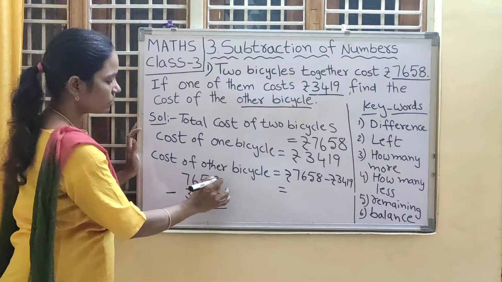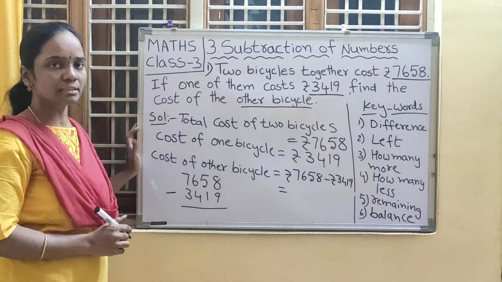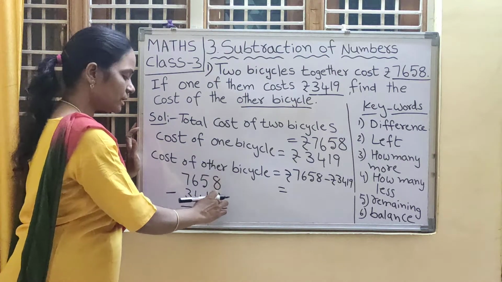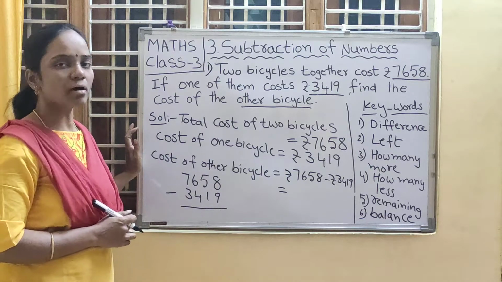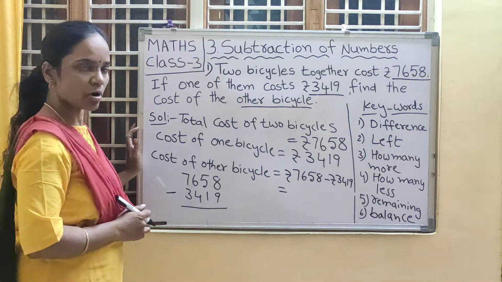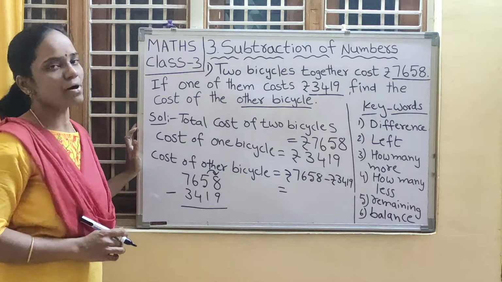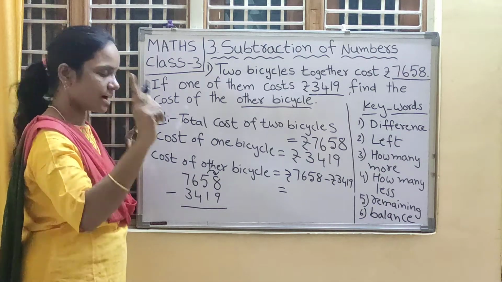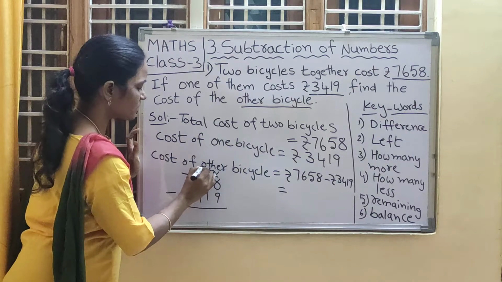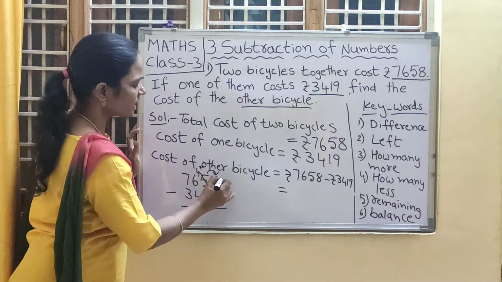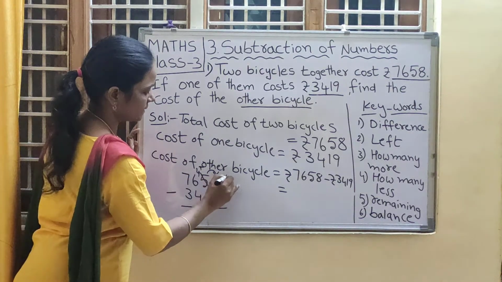Now, 8 minus 9 can be? No, 8 is a smaller number. 9 is bigger number. We can't subtract. Okay, small to big. So, borrow from next place. I am borrowing from 5. I am borrowing 1, 10 here. This is 10's place. So 5 becomes 4 and 8 becomes 18.